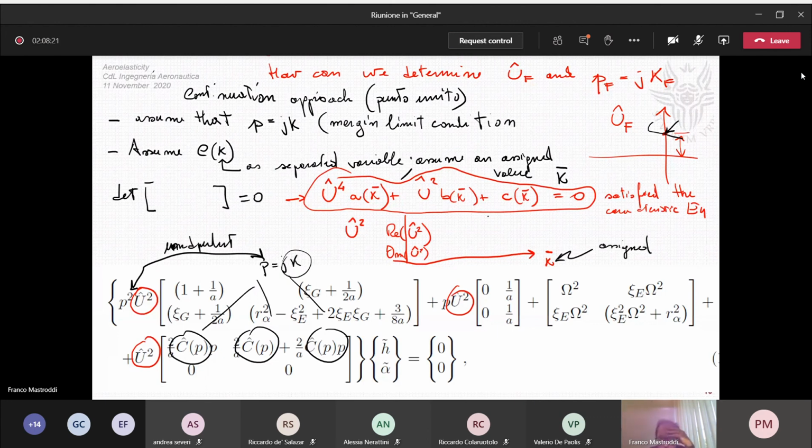You should have an imaginary part curve, and you have a real part curve, for any assigned K in this equation. Okay?